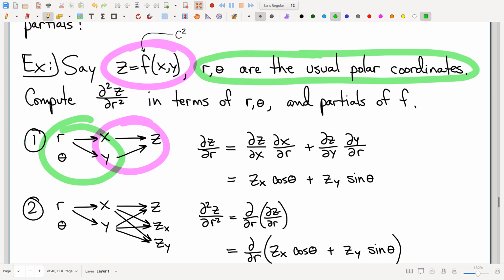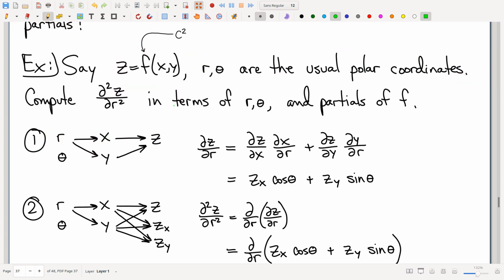Okay, with all of that set up, notice the question is to compute a second partial, but specifically a second partial of z with respect to r. In other words, we want to take a second partial through a composition.